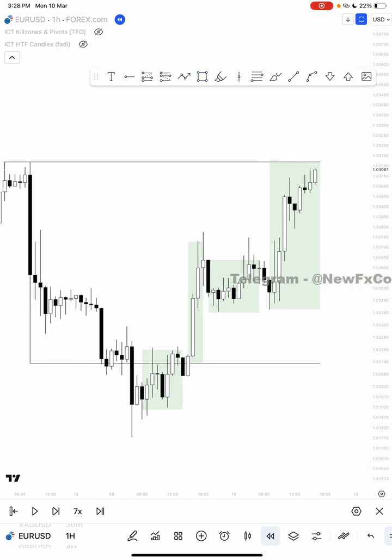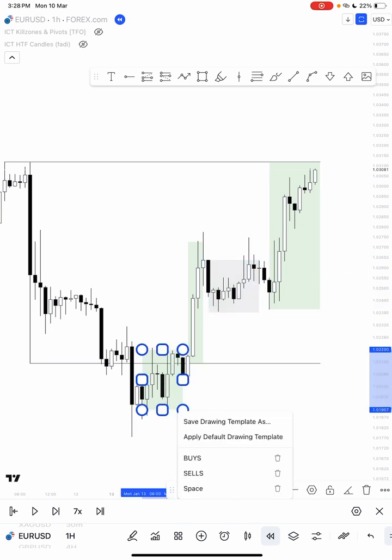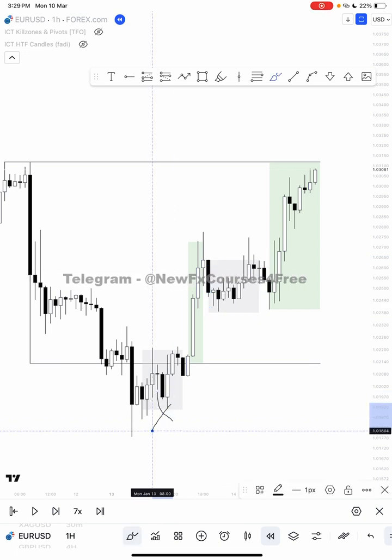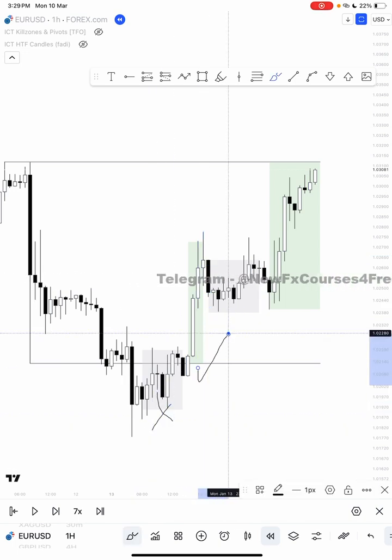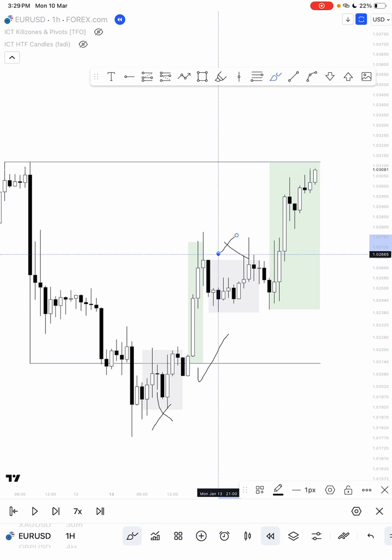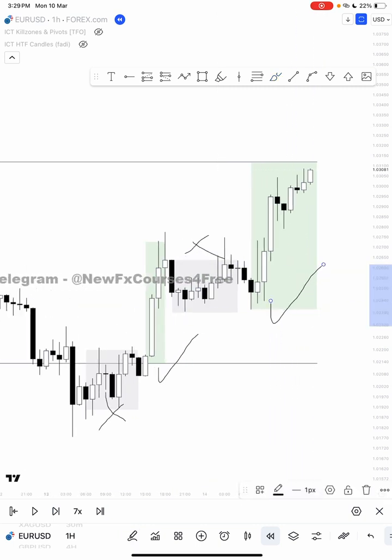So this is your second leg of expansion. So range, don't trade the range. Trend, trade the trend. Range, don't participate in the range. Trade the trending markets.